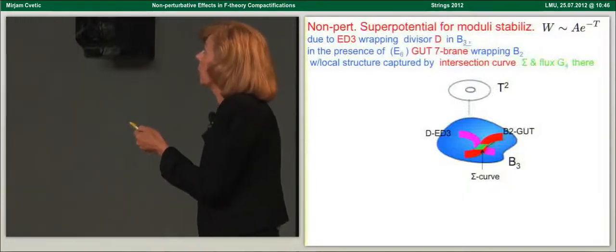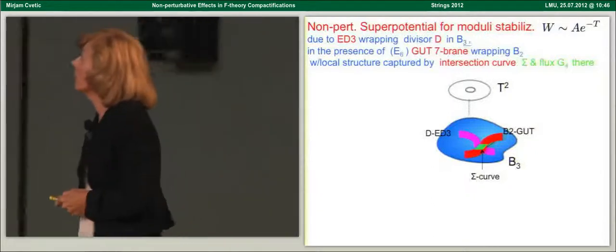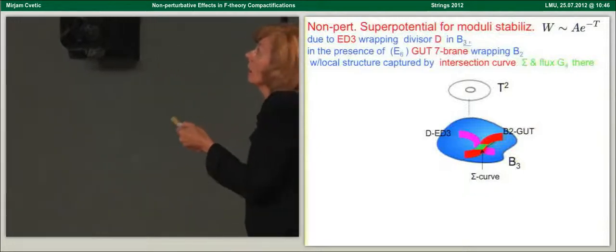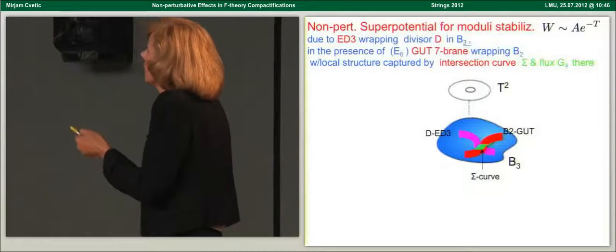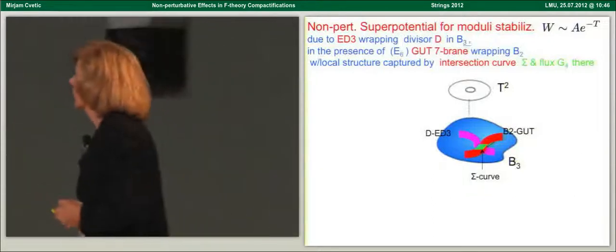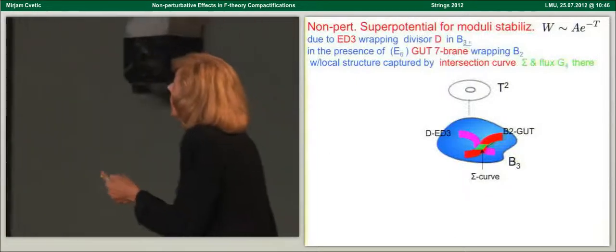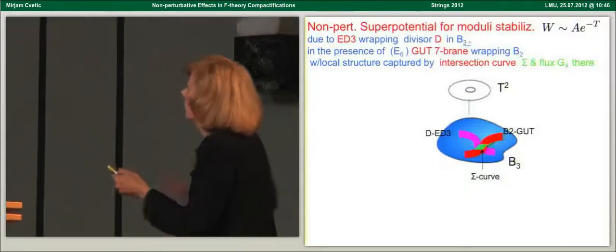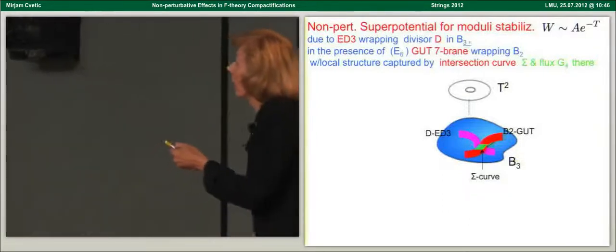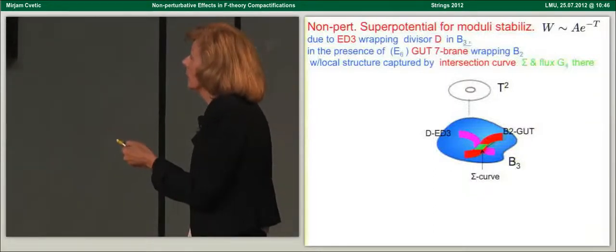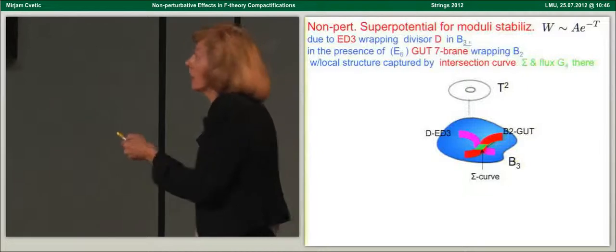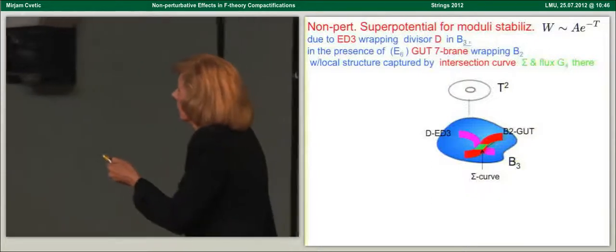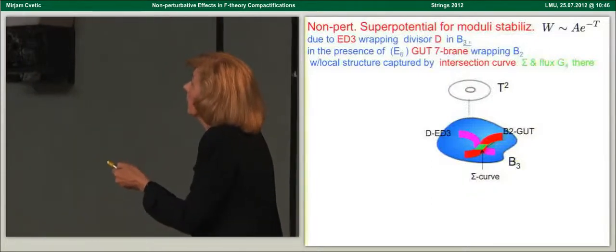So the approach that we are taking is to focus on a specific Euclidean D3 instanton that wraps a divisor in a 3-dimensional base, and assume only the presence of a GUT 7-brane on a divisor that wraps another base divisor B2. So the key structure of such effects in the superpotential will be captured by the intersection of the Euclidean D3 brane with the GUT brane divisor, and they intersect at a curve sigma.